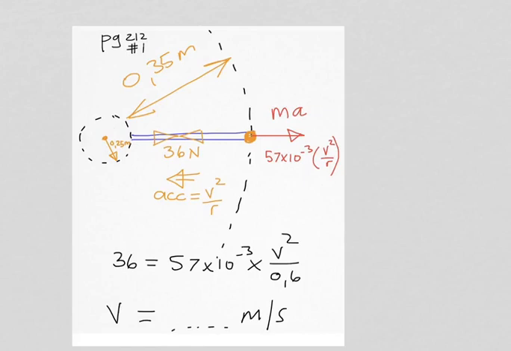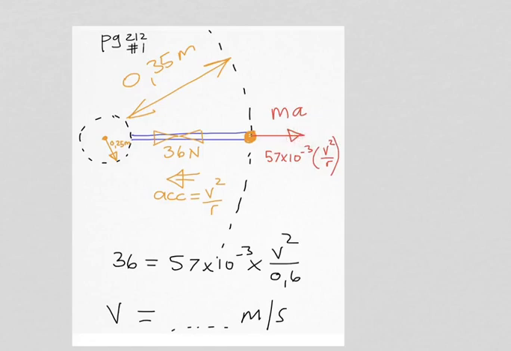So for our so-called balance of our forces, we're going to insert the fictitious inertia force in the opposite direction to acceleration. Remember, it's always the product of M and A. M is 57 grams, and A is V squared over R, the centripetal acceleration, which is instantaneous linear velocity squared over radius. So those two are going to be equal and opposite.